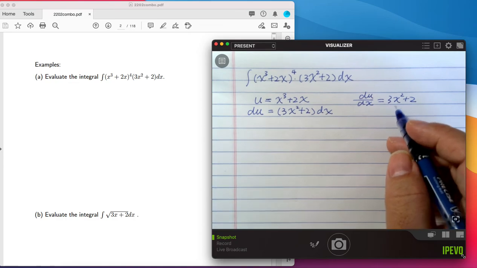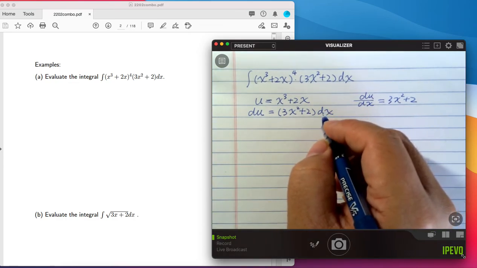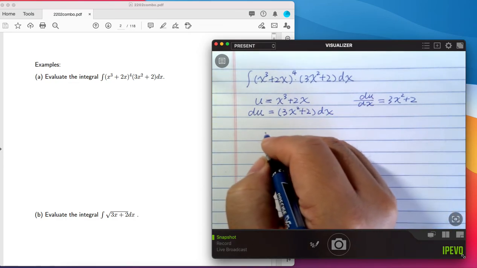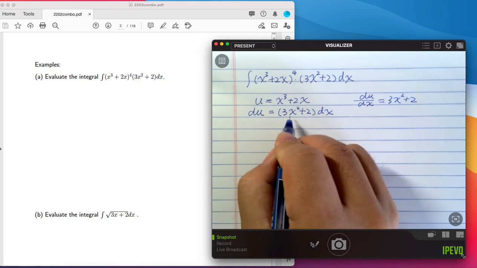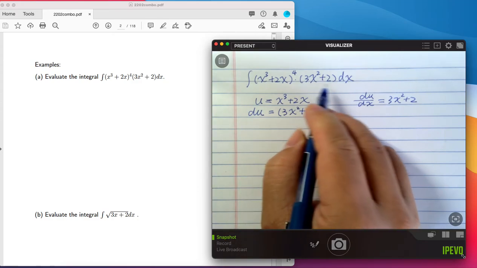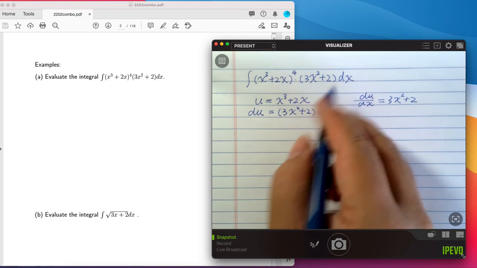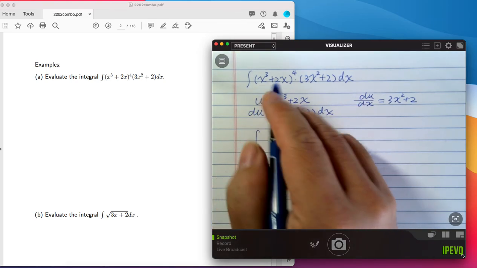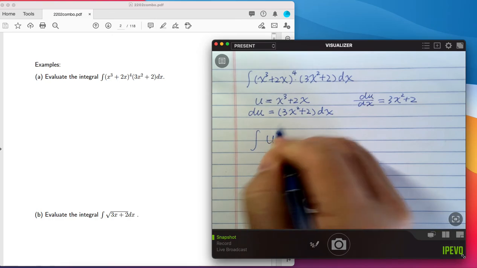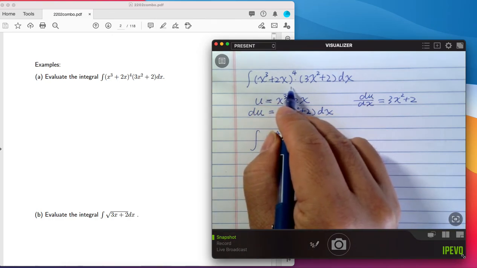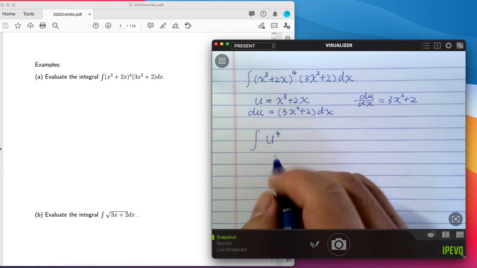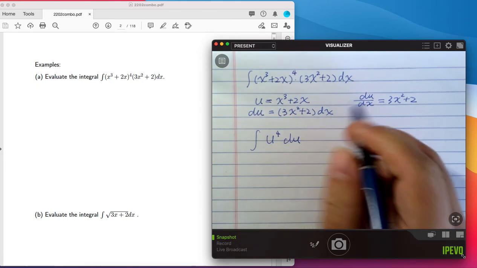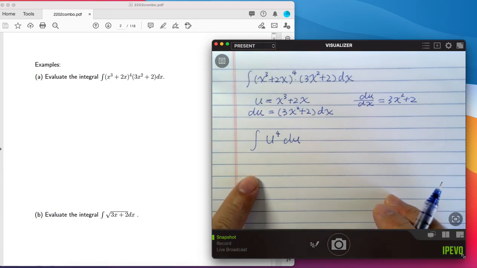Once we get this, it is time to make the substitution, because 3x squared plus 2 dx already appears in the integral. After the substitution, what we have is u to the power of 4, times du. Now you can see that this problem becomes very straightforward.